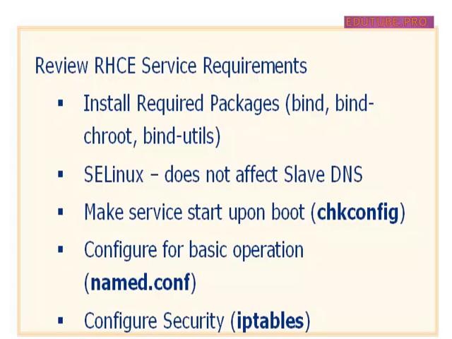We've made sure that the service starts the next time you boot Linux. We've configured the service for basic operation. And we've also configured security on the system by allowing traffic through port 53. Of course you could do more, but those are the basics.